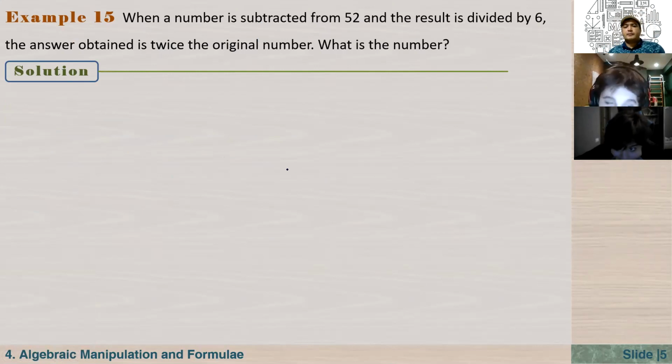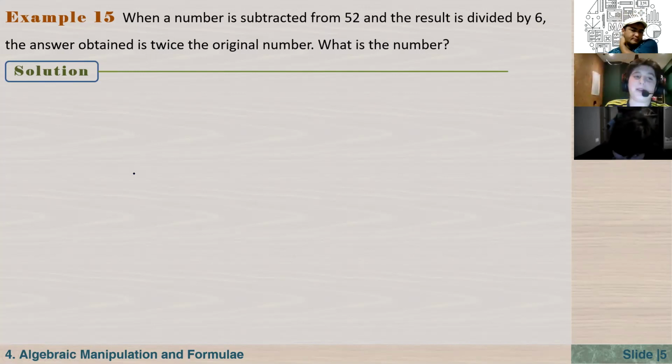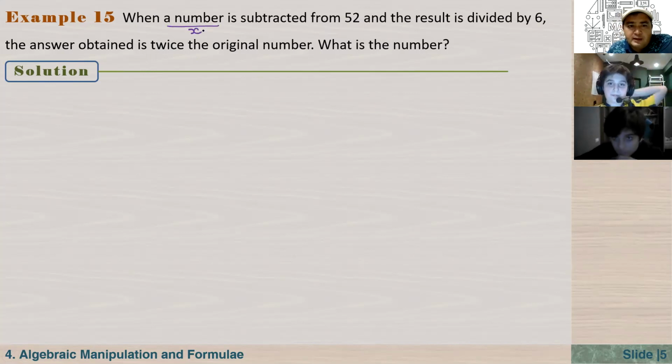Yes, sure. When a number is subtracted from 52 and the result is divided by 6, the answer obtained is twice the original number. What is the number? Okay. When a number, right? What number is it? We don't know. Instead of a number, if I put x, for example, how would you read this? When x is subtracted from 52, so we are talking about 52 minus x.